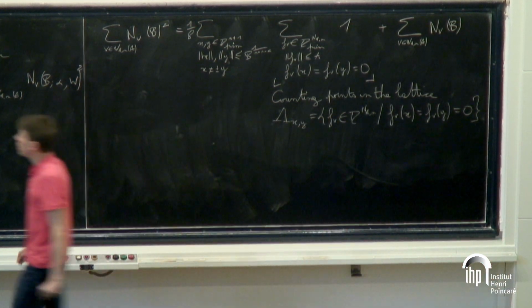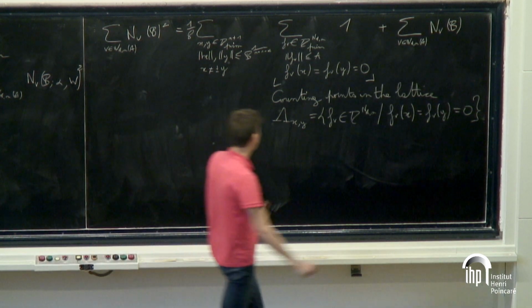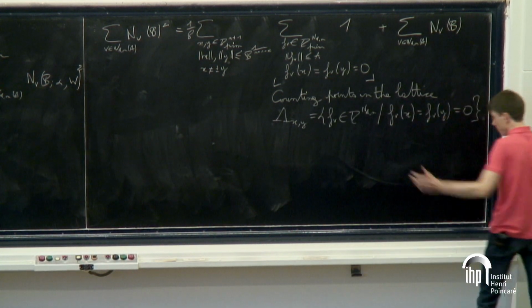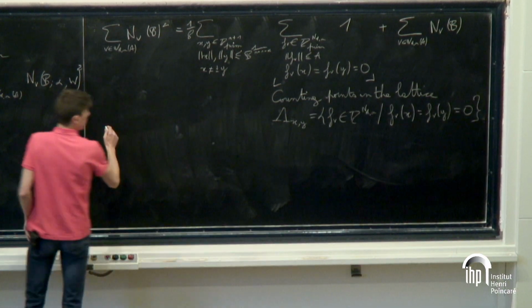And as I said at the beginning, we are not able to deal with counting rational points when we have something of degree d for any d, but now it's linear, so it's very easy, right? Well, at least it's easier.